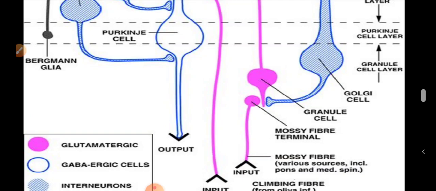So this is called feed forward inhibition. The mossy fibers stimulate the granule cells. However, this excitation is short lasting. This is because the mossy fibers also excite the Golgi cells, which in turn inhibit the granule cells.